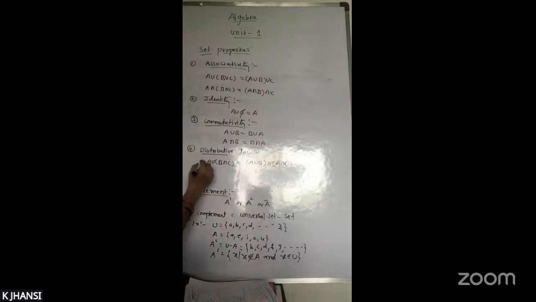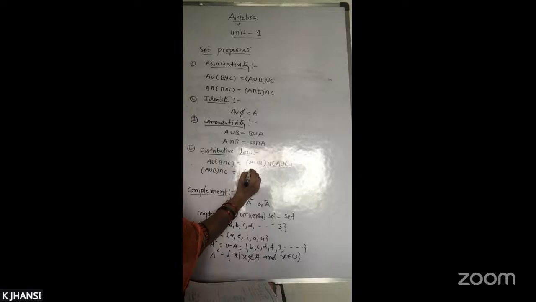This is one property. Next, (A union B) intersection C is equal to (A intersection C) union (B intersection C). This is the property with respect to union and intersection.